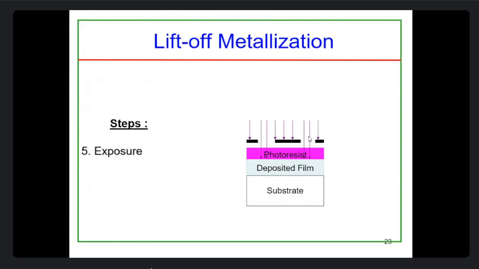You have to transfer this onto the surface of the substrate, maybe in terms of SiO2, HfO2, Si3N4, or metal, maybe polysilicon, that is also possible, any kind of material.